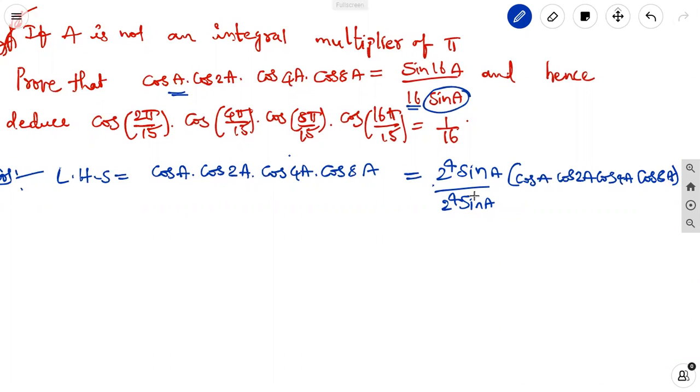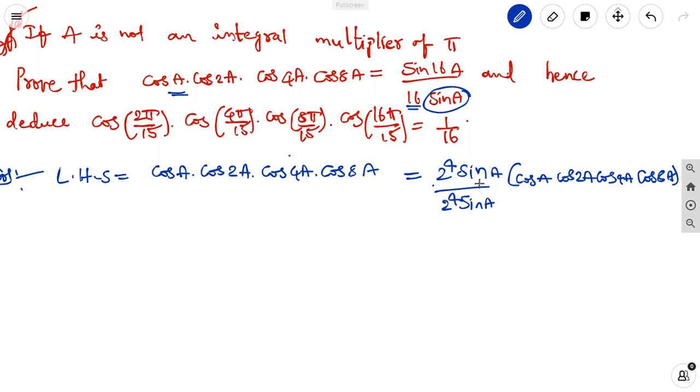Why are we taking this 2 power 4 sin A? The whole function is in the numerator only. When we take 2 sin A cos A, it reduces to sin 2A.